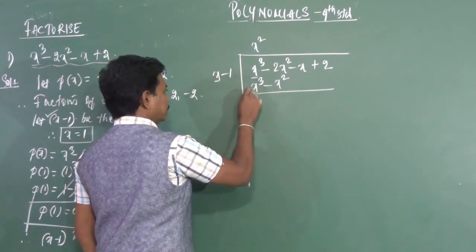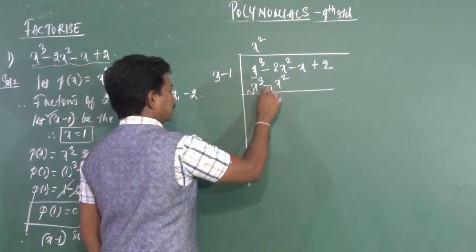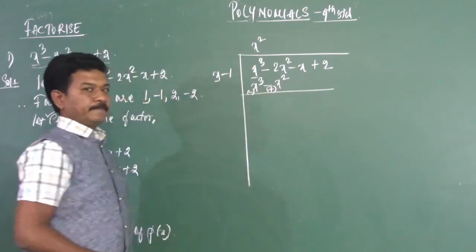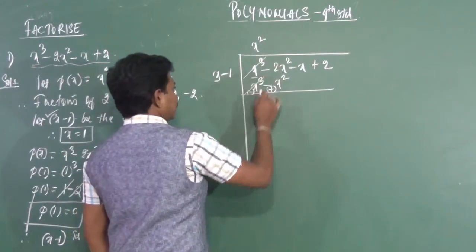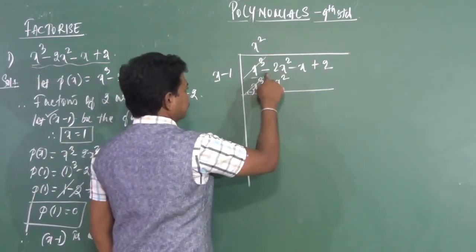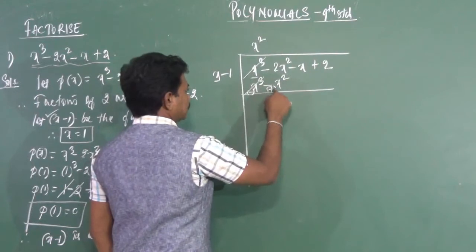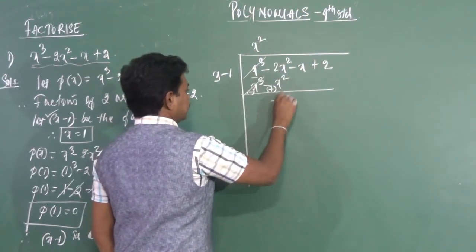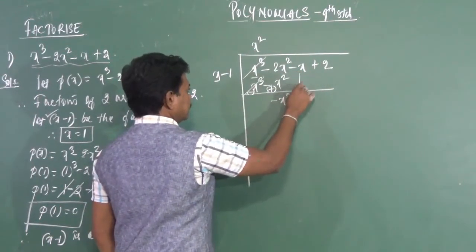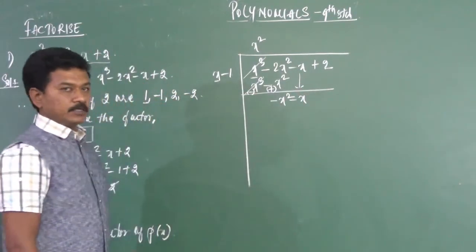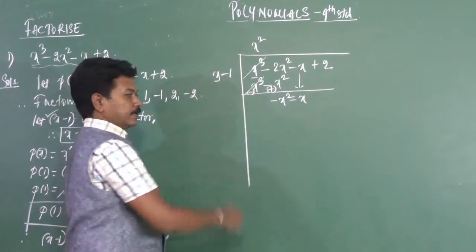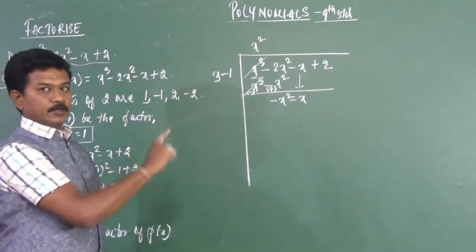Plus x cube, and minus x square becomes plus. Please change the sign there itself, right? So x cube minus x cube cancels. Simplify this: minus 2x square plus 1x square is minus x square, and take this down, that is minus x, right? Maintain 2 terms because your divisor is a binomial, therefore maintain 2 terms in the division.